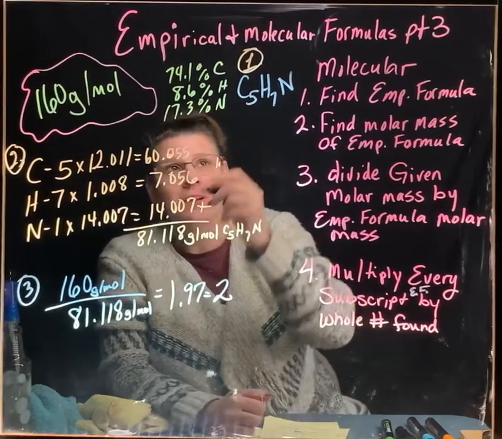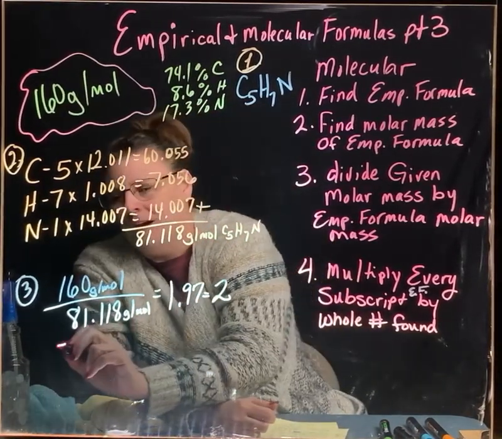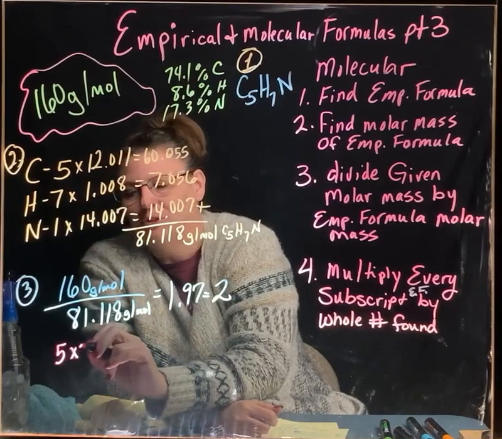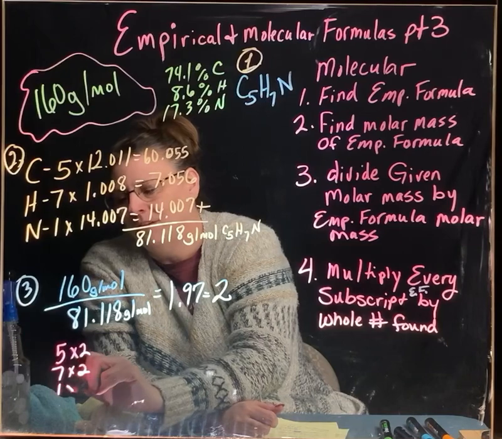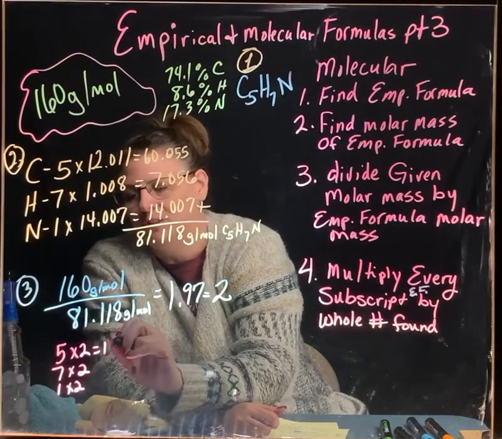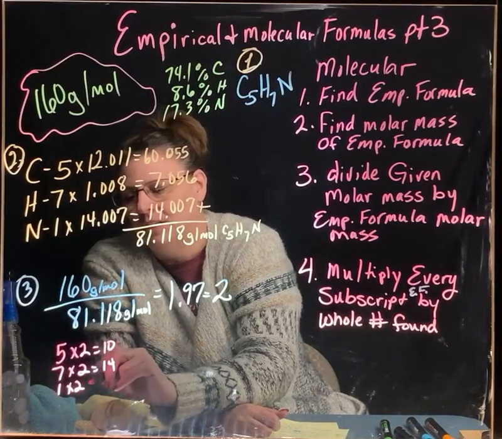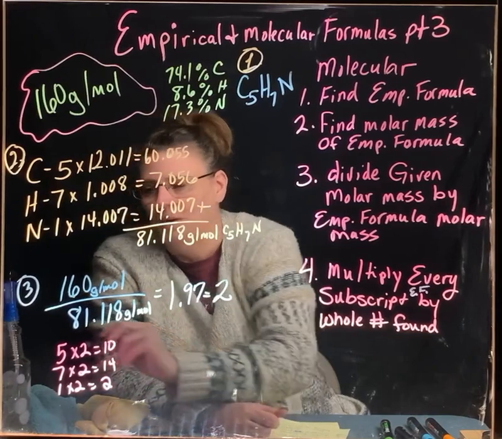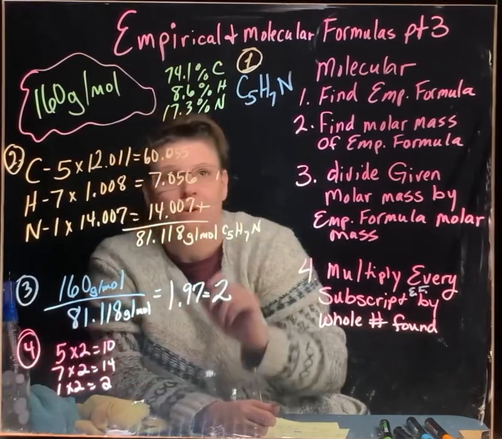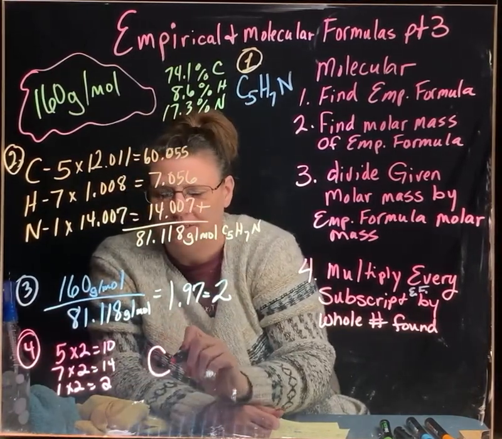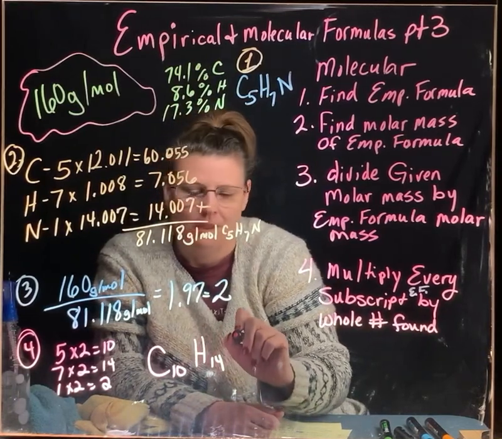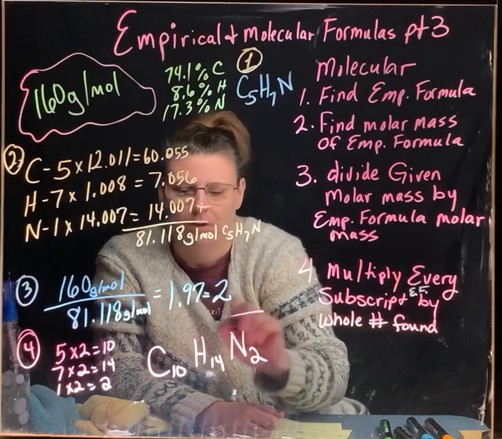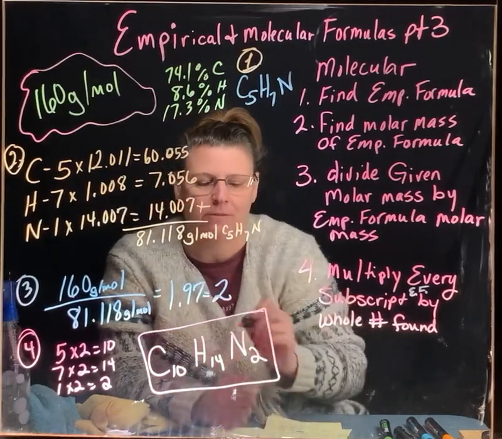So I'm going to take 5 times 2, 7 times 2, and 1 times 2. My new numbers are 10, 14, and 2. So this is step 4, and then I put them in a formula: C10H14N2. And there is my molecular formula.